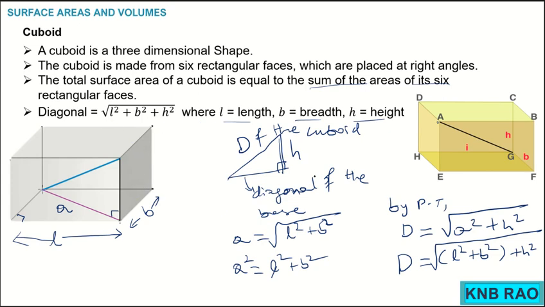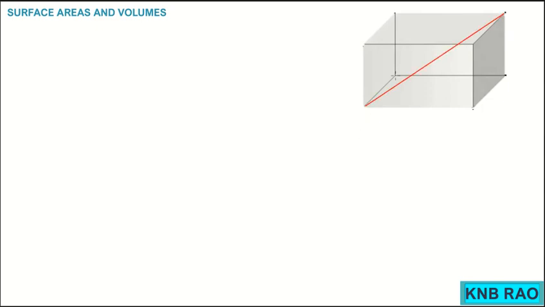Now moving on to the diagonals. Here is a cuboid I have taken and I have drawn one diagonal, joining one of the corners to its opposite corner. You know there are 8 corners, right?